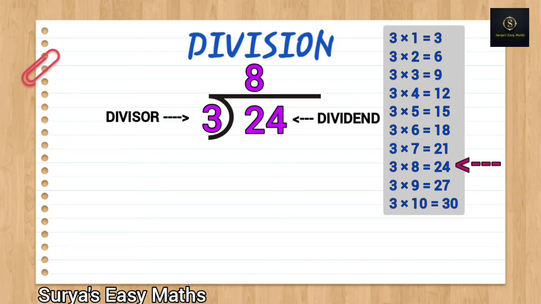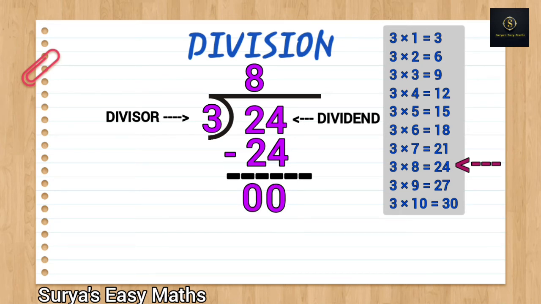So we write 8 above the line and we write 24 under the 24. And now we will subtract this 24 from 24. Starting from the ones place, 4 minus 4 is equal to 0. 2 minus 2 is equal to 0. So children, here we finish our division.